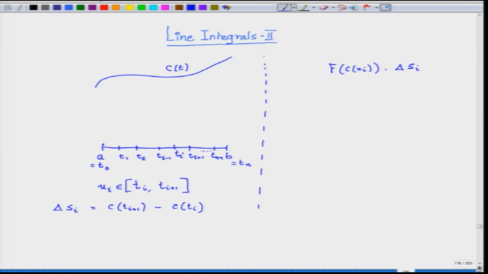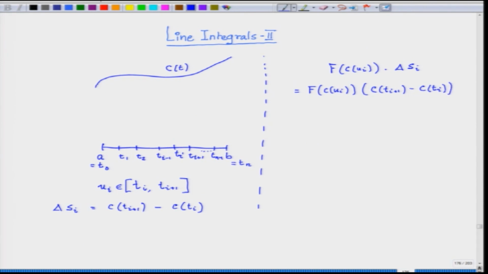Delta Si is C(ti plus 1) minus C(ti), and this C is a vector. So, for a given partition point, we are writing this as a dot product, because here multiplication means dot product. So, this is written as f of C(ui) dot C(ti plus 1) minus C(ti).